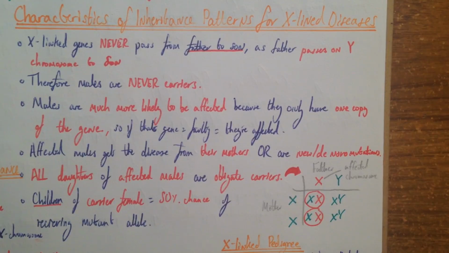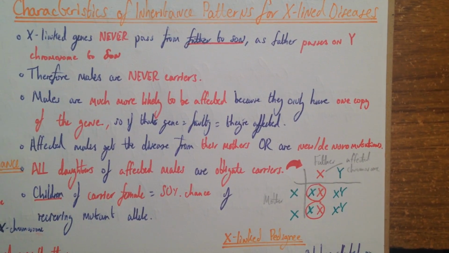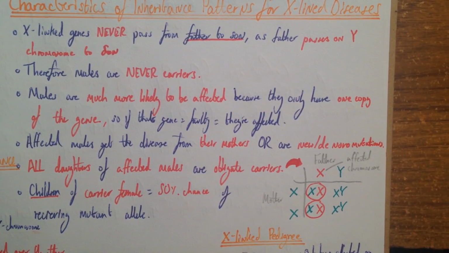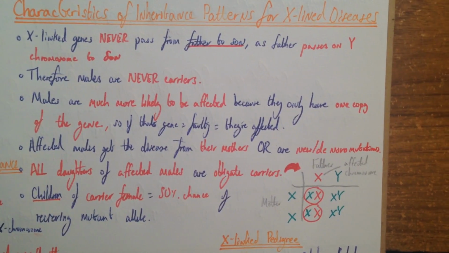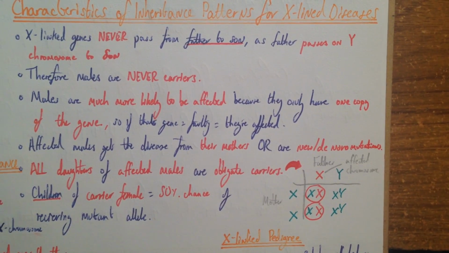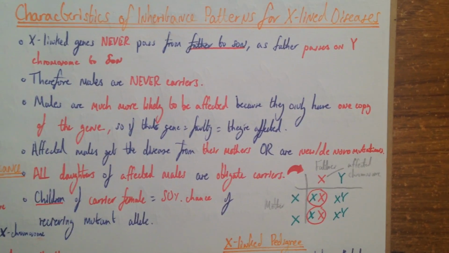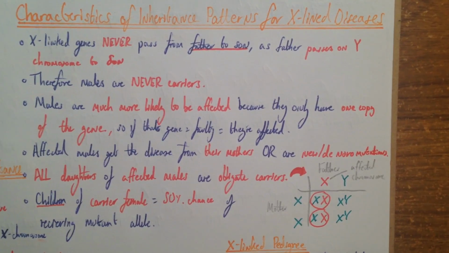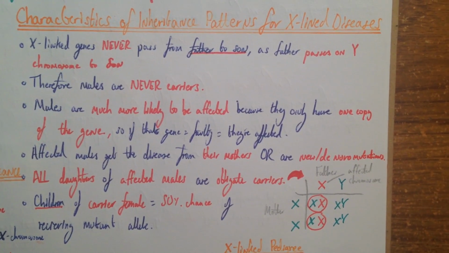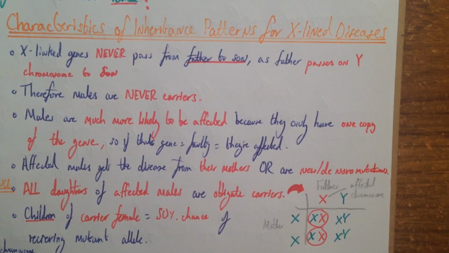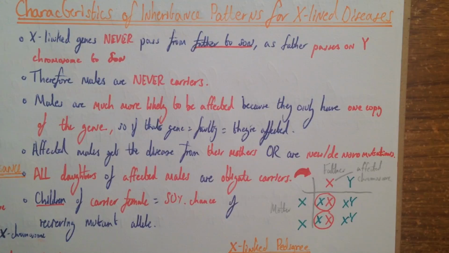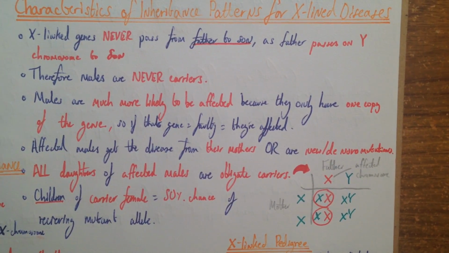Males are much more likely to be affected because they only have 1 copy of the gene, as they only have 1 X chromosome. So if that gene is faulty, then they're affected. Affected males get the disease from their mothers or it is de novo, a new mutation.